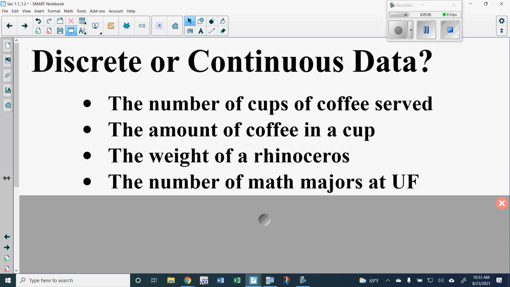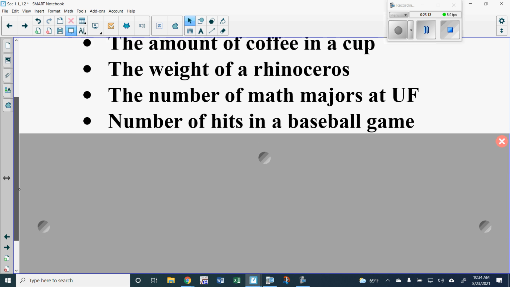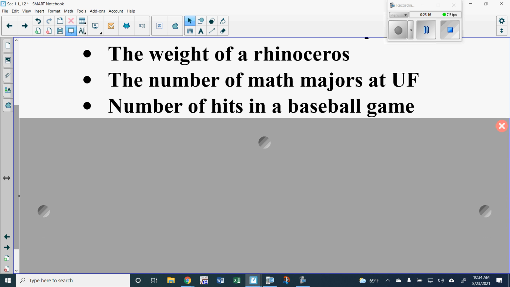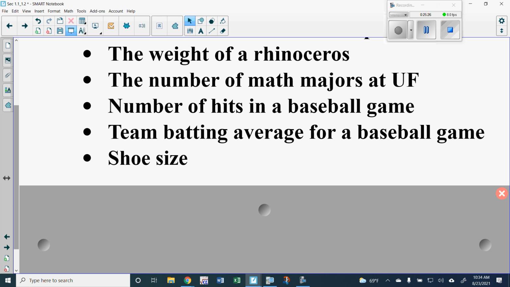So if you think continuous because you think 0.5 half sizes, that's true. But to be continuous, you would also have to say, well, what size are you? And you'd be like, I'm a 9.64, right? We don't really have all possible decimal places. So we only have half sizes. And really, that's just the thing in the United States, right? If you look at sizes overseas, they don't even necessarily do half sizes.